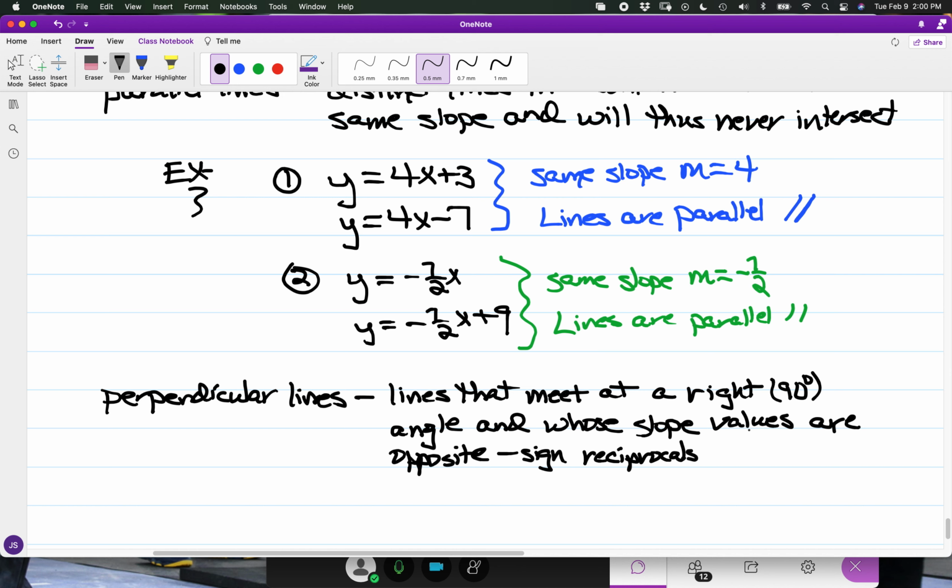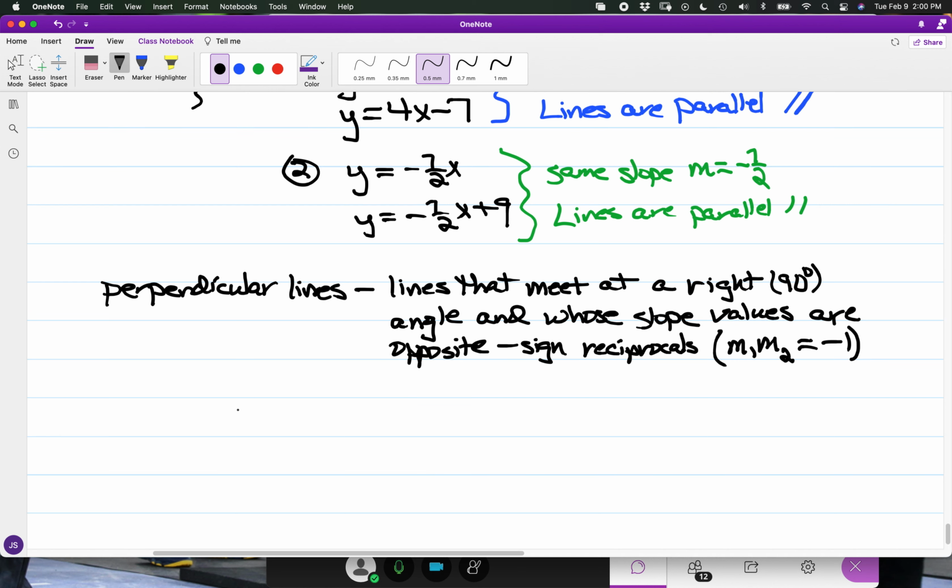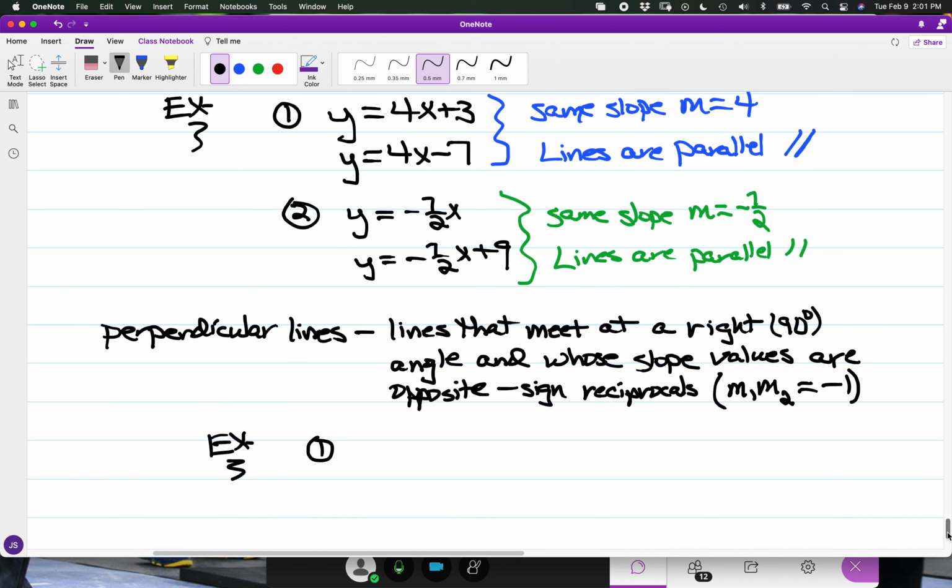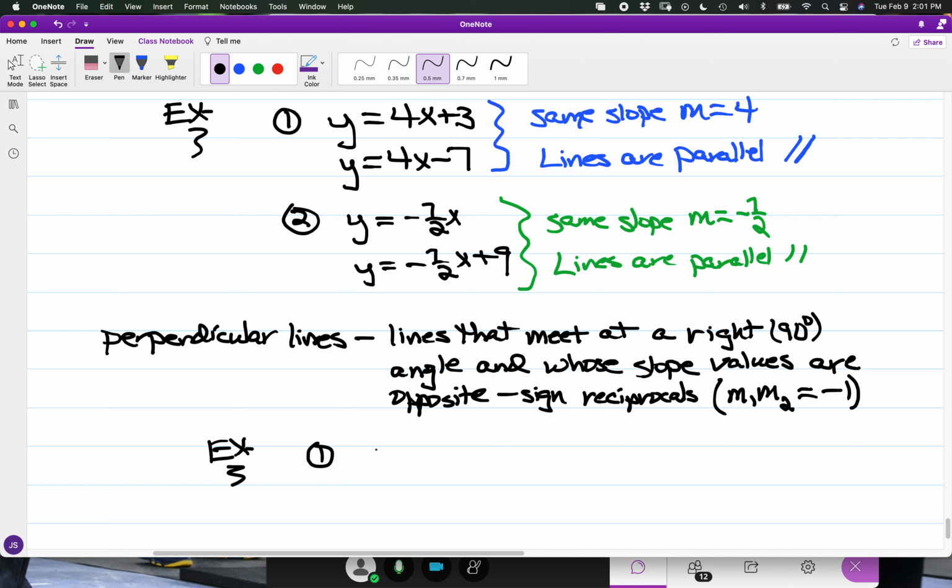Now what this means is, if I take the slope of the first line times the slope of the second line, the product ends up at negative 1. Say we're looking for lines that run perpendicular, and I start out with y is equal to 4x plus 3.